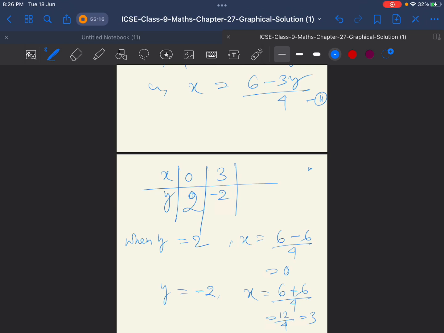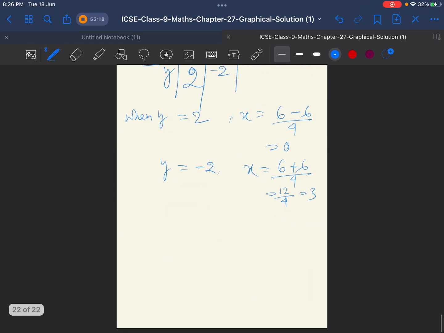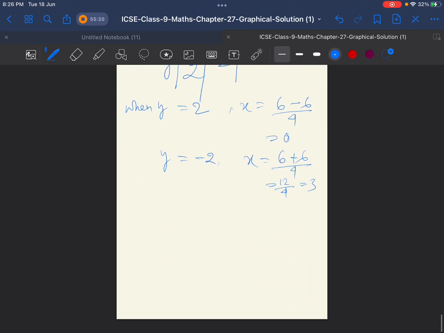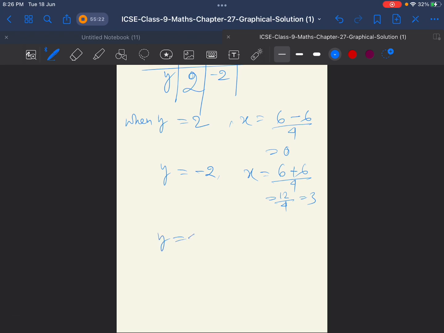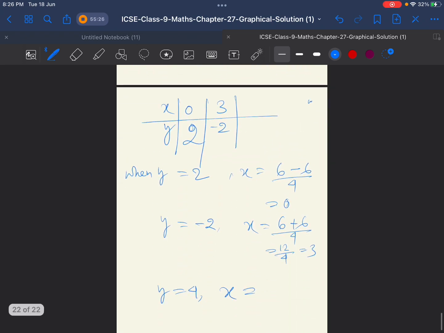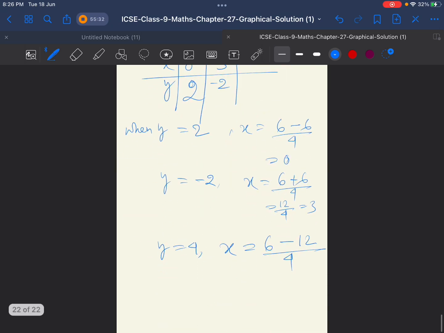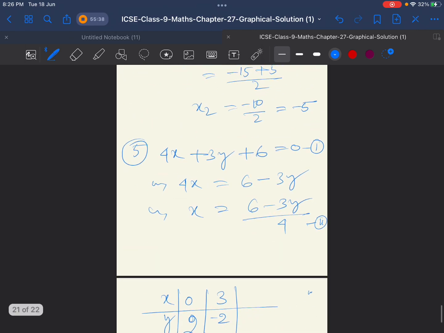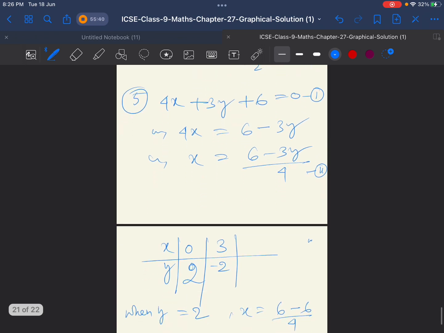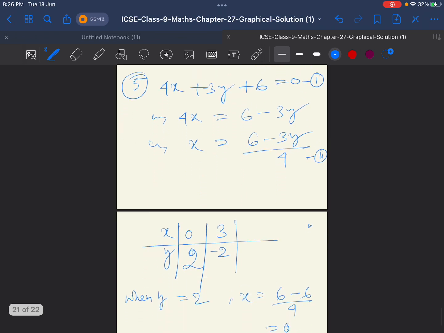When y equals 3, 6 minus 9 is not a whole value. When y equals 4, x is (6 minus 12) by 4, so minus 6 by 4.